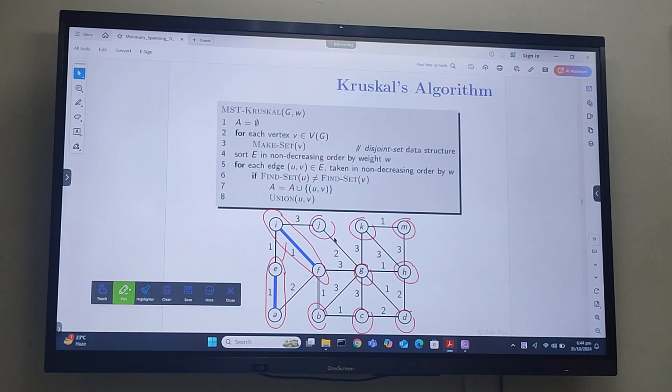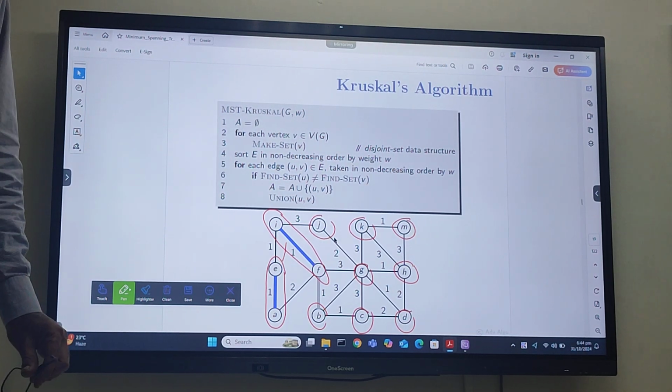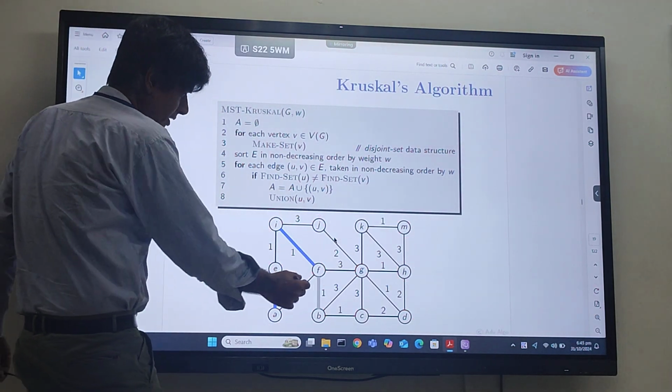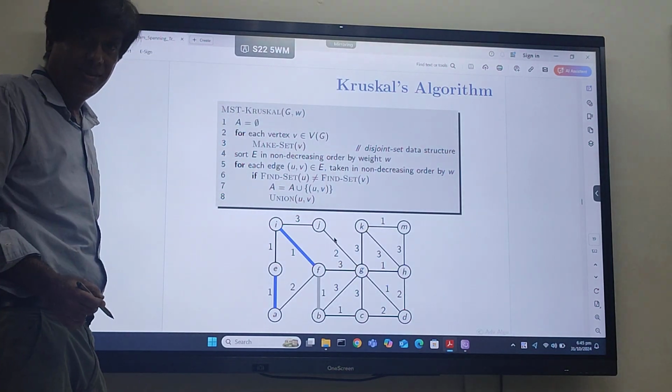Let me ask you a question. How is it following the theorem that we studied about partition and respecting? Because we are considering the minimum edge connecting both vertices. So we are considering this one, okay?